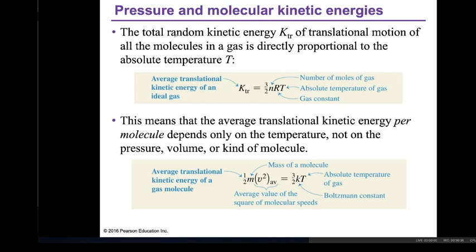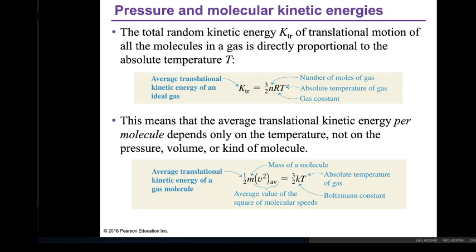The total random kinetic energy, KTR, which means the translational motion of all the molecules in a gas, is directly proportional to the absolute temperature. So KTR equals 3/2 nRT. Here n is the number of moles of gas, R is the gas constant, T is temperature.